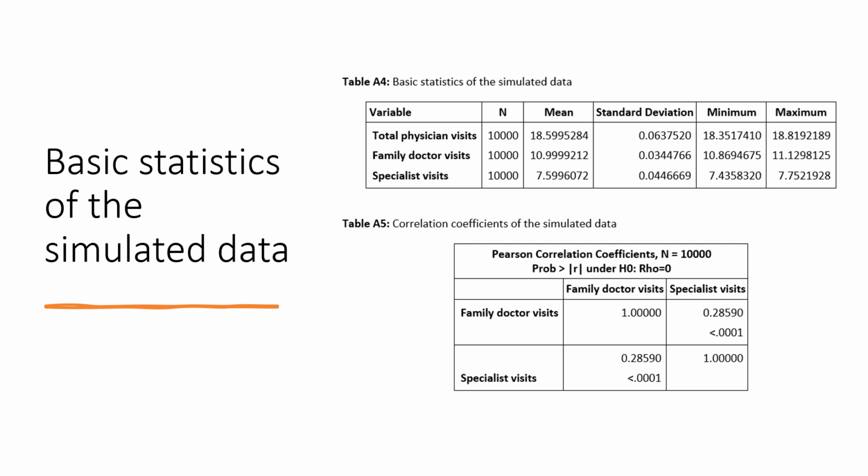After incorporating the correlation, the mean and standard error for total physician visits, calculated using the sum of the simulated family doctor visits and specialist visits, were the same as those reported in the original article. If we simulated independent distributions for family doctor visits and specialist visits, we would underestimate the variance in total physician visits.